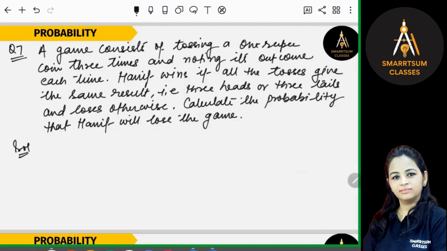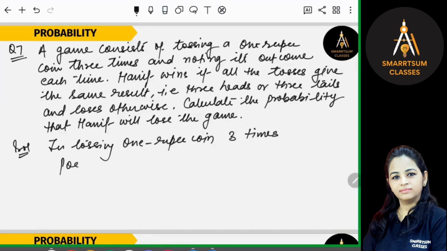Right. So now, when we are tossing three coins, very first we should write what the possible outcomes can be. So in tossing a 1 rupee coin three times, we are tossing a single coin three times. What will be the possible outcomes? Can you tell me? First, write down the possible outcomes.